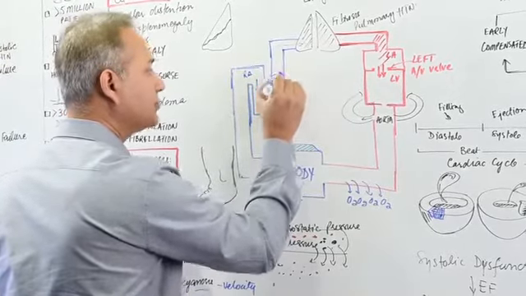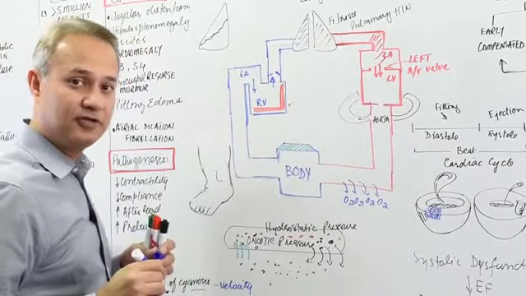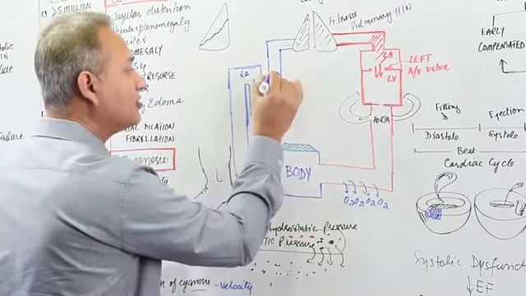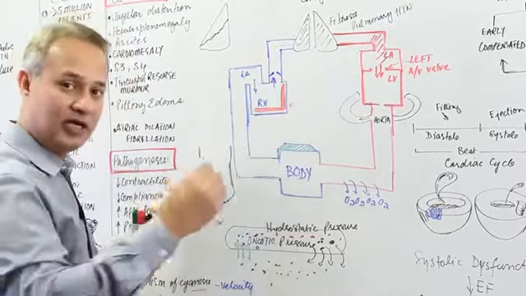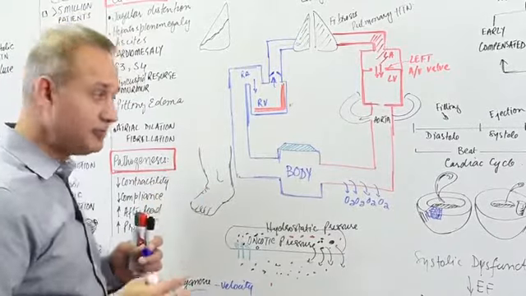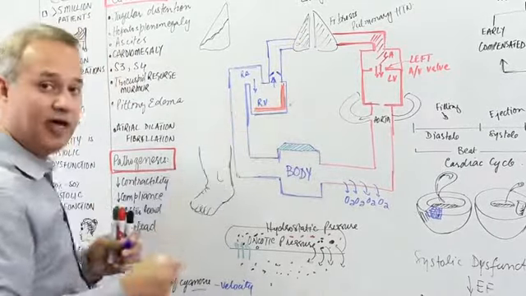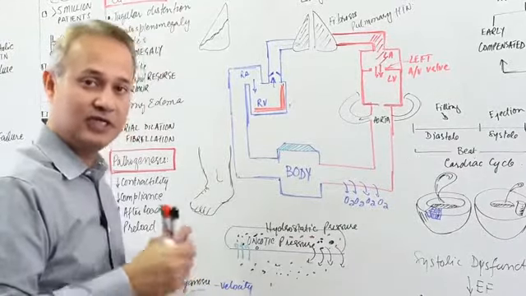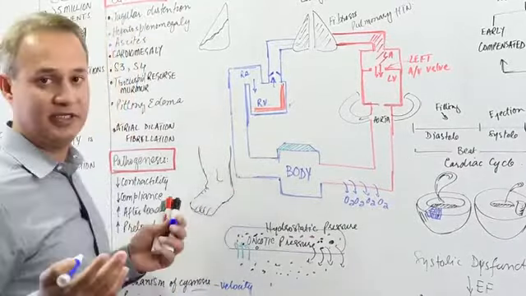What is that? The pulmonary valve. If you make this valve stenosed, will the blood get out easily? No. Will the right atria now have to press against it and contract against that, exert force? Yes. Will it become hypertrophied? Yes.